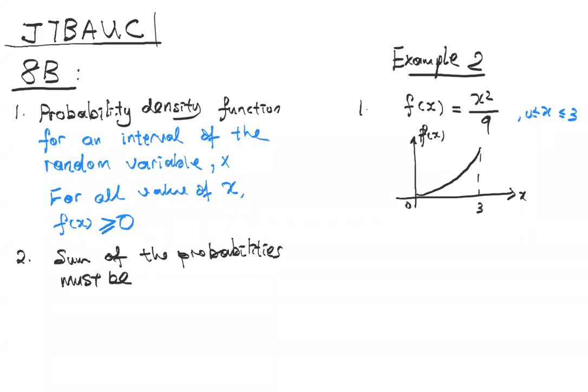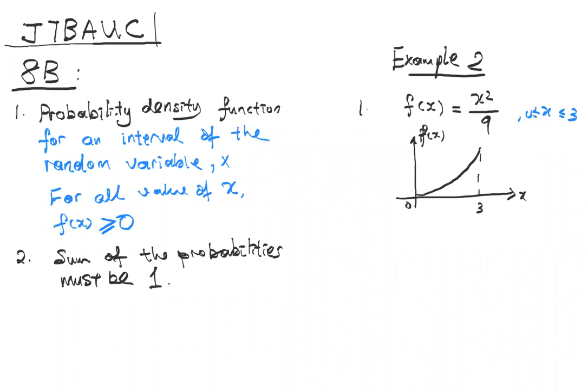Must be what? My variable here varies from 0 to 3. So if I have a probability density function, I want to find the sum of the probability. How am I going to do that for this case? How do you find the sum?